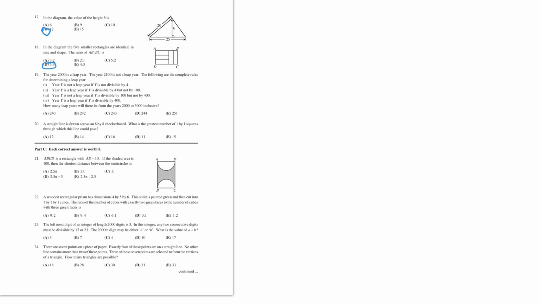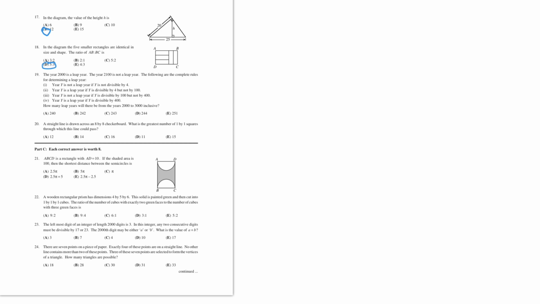Number 19. The year 2000 is a leap year. The year 2100 is not a leap year. The following are the complete rules for determining a leap year. Rule 1: Year Y is not a leap year if Y is not divisible by 4. Rule 2: Year Y is a leap year if Y is divisible by 4, but not by 100.